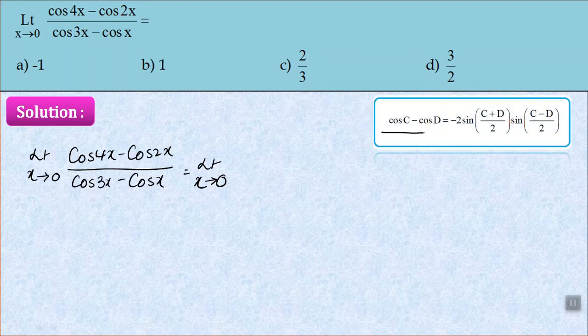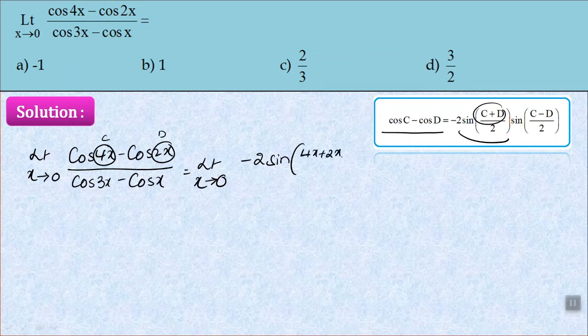Cos c minus cos d is equal to minus 2 into sine of (c plus d) by 2. Here 4x is c, 2x is d. Now c plus d, that is 4x plus 2x divided by 2, into sine of (c minus d), that is 4x minus 2x divided by 2.